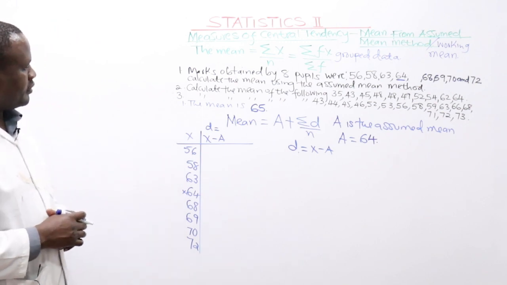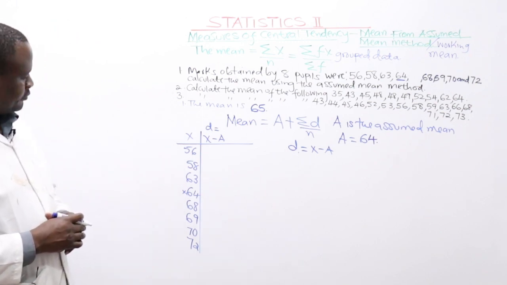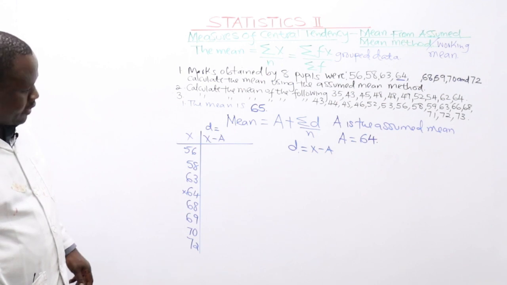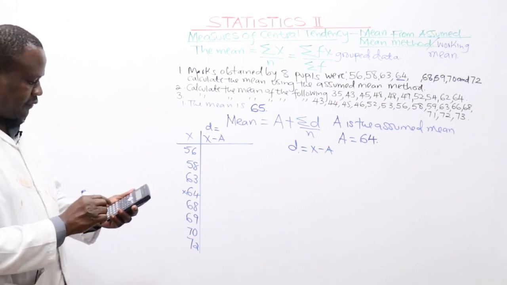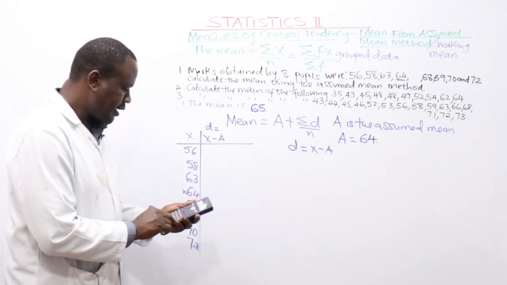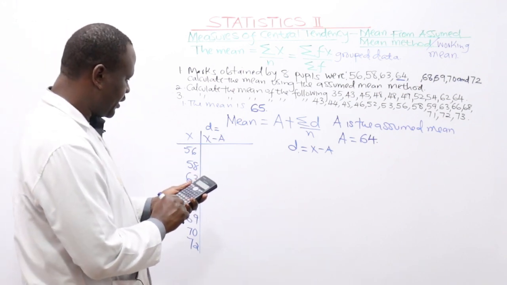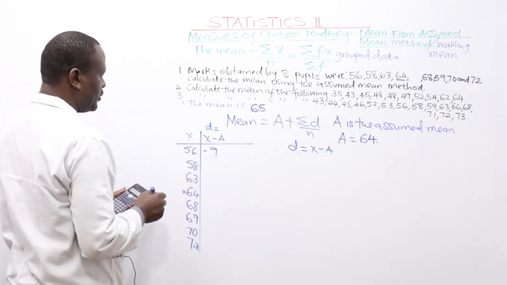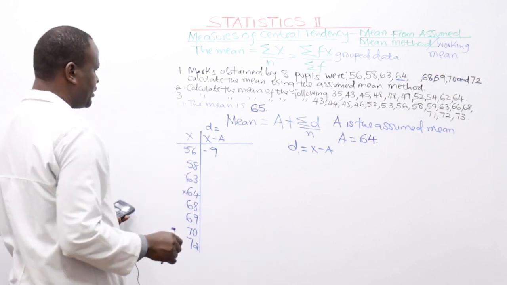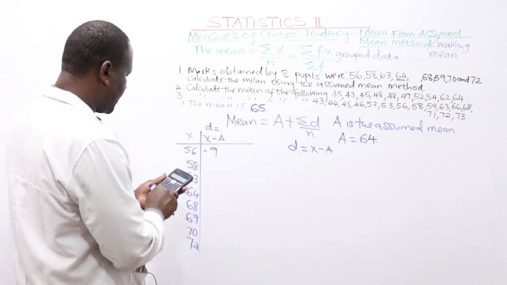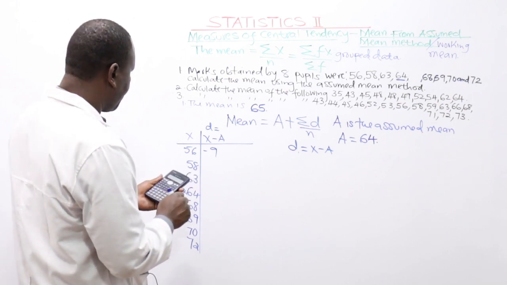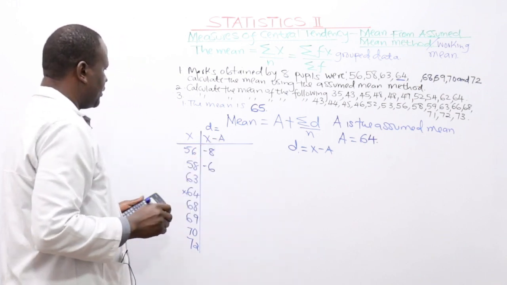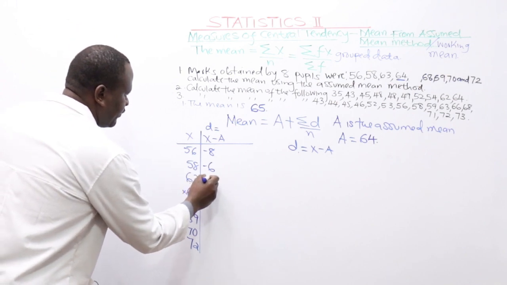So we are looking for X minus A. What is X? 56 minus 64, we get negative 8. 58 minus 64, we get negative 6. 63 minus 64 is negative 1.